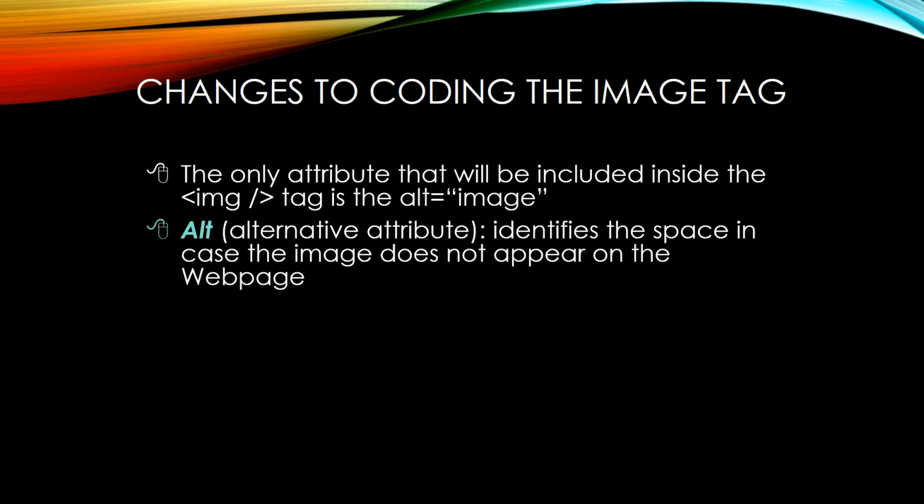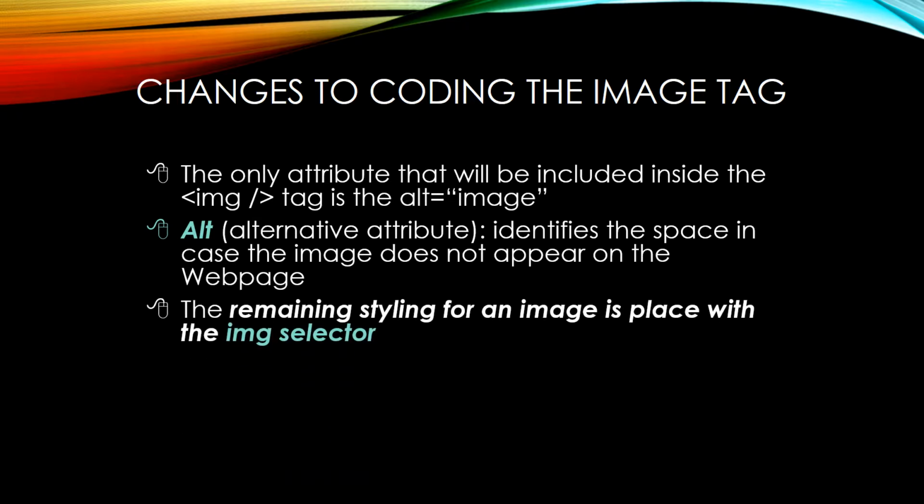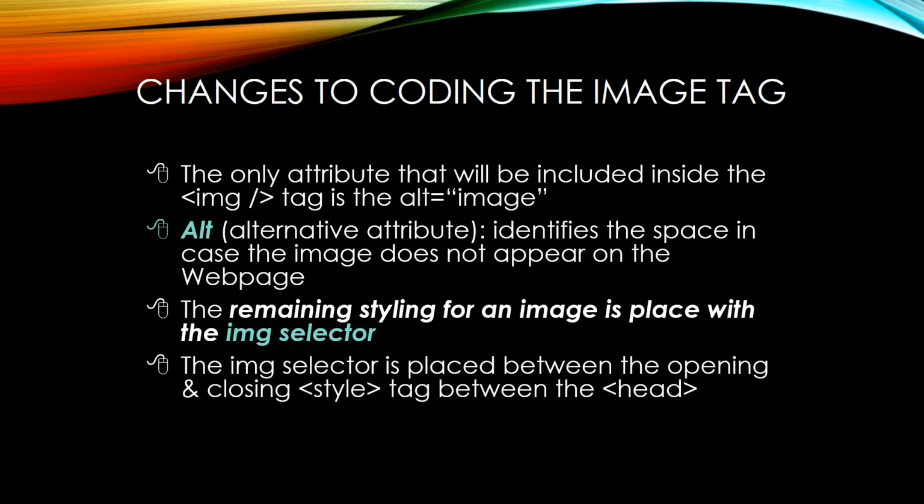Alt, again, that's an alternative attribute, identifies the space in case the image does not appear on the web page. The remaining styling for an image is now going to be placed in the image selector that is inside the head tag, or between the head tags and between the style tag. So now the image selector will go up into the style section.